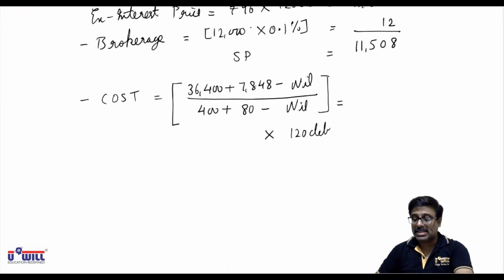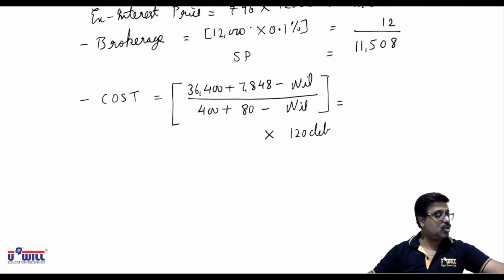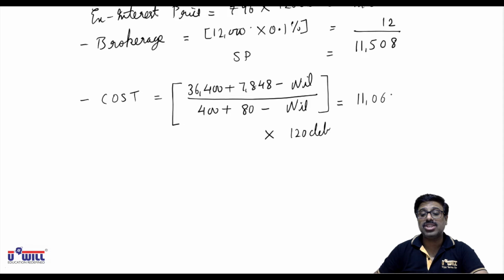So count it, everyone. First do the denominator: 400 plus 80 is 480. So 36,400 plus 7848 minus nil, directly you can divide by 480 into 120. That comes to 11062.